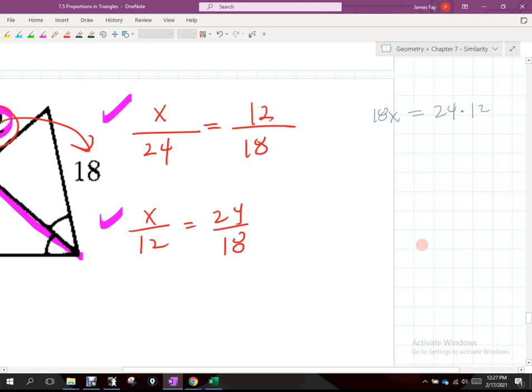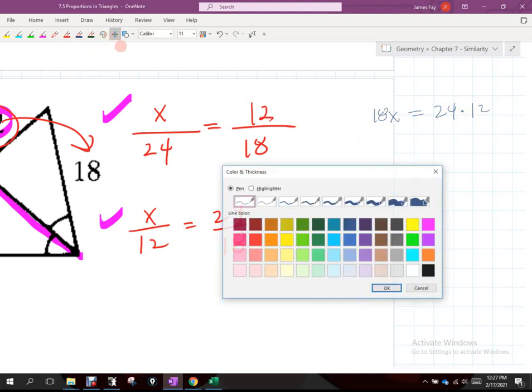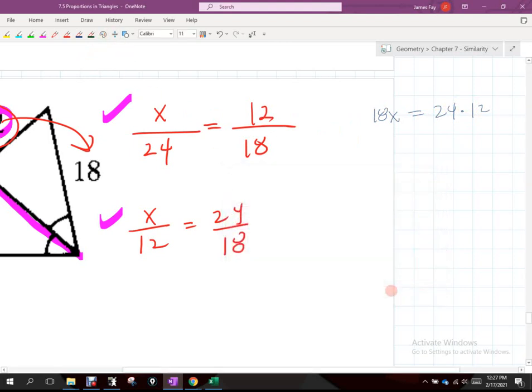Now, I'm not going to multiply the 24 and 12 because in 18, what are some factors you see in 18? 6 and 3? Okay, do you see a 6 in this 24? Do you see a 3 in the 12? So that 6 is going to cancel there, leaving me a 4.